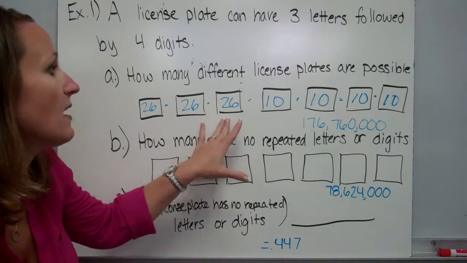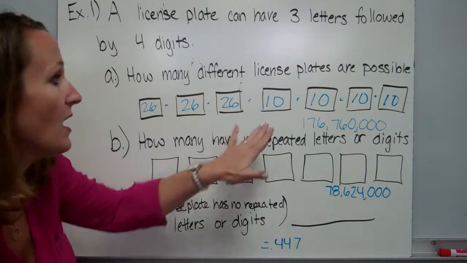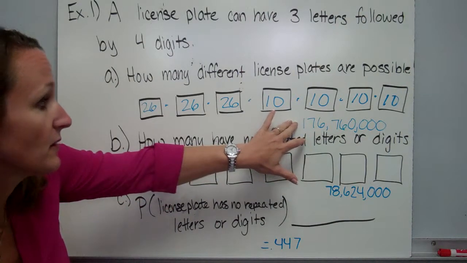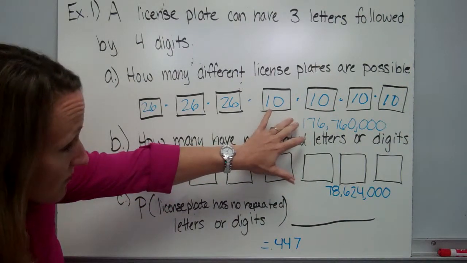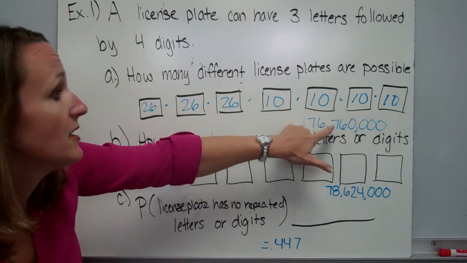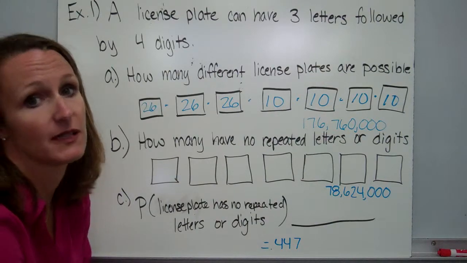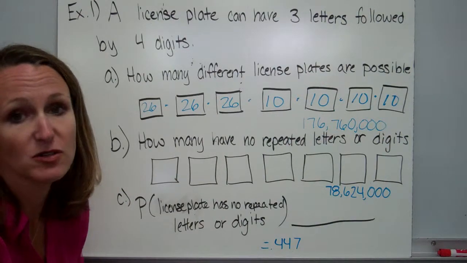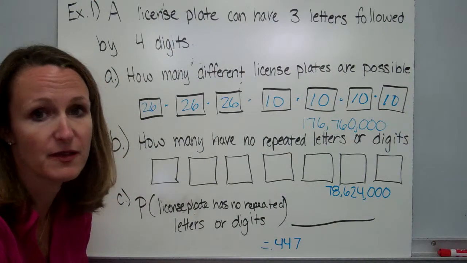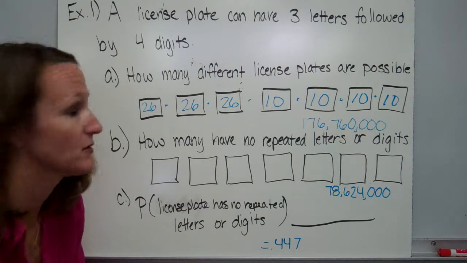When I put these in a calculator and multiply all of them, I find out that the number of different license plates possible is 176,760,000. This is why you won't see a repeated one while driving around. Then you throw in the personalized ones, and you'll never see a repeated one.